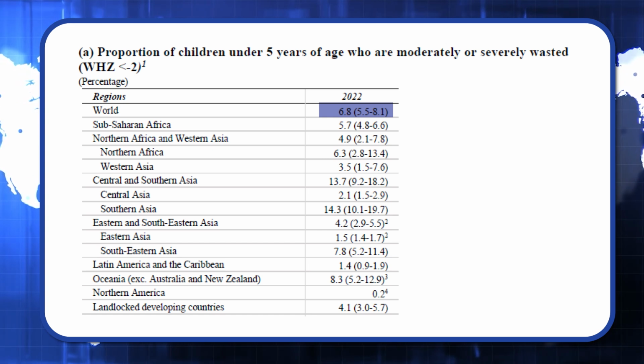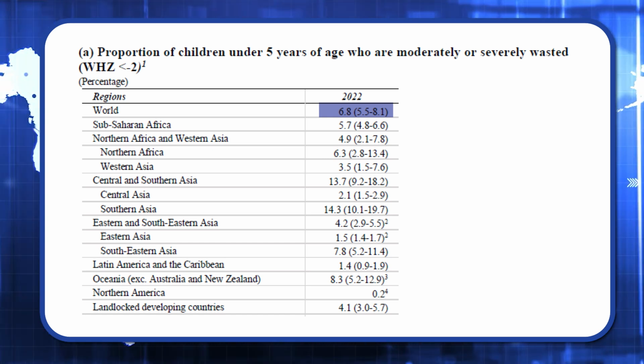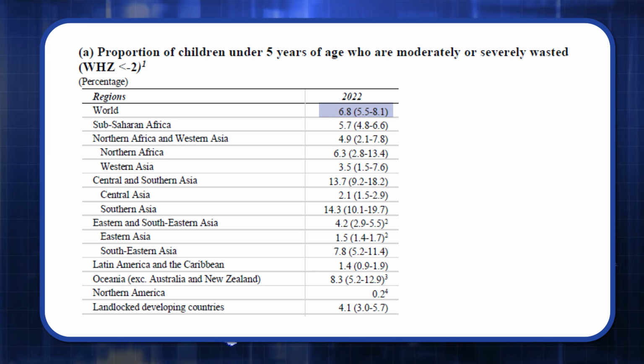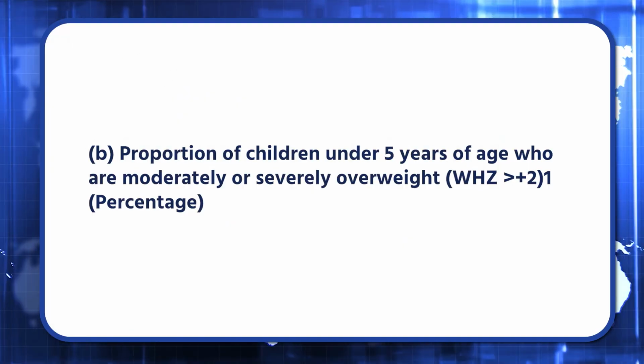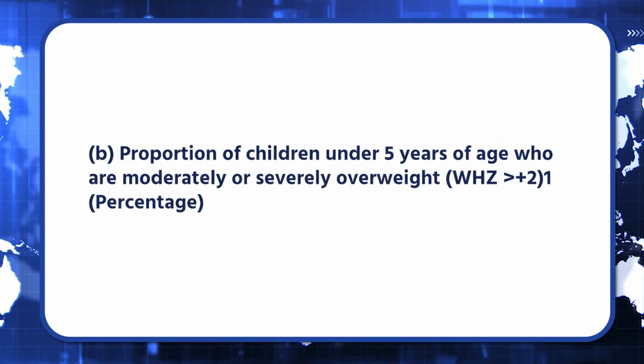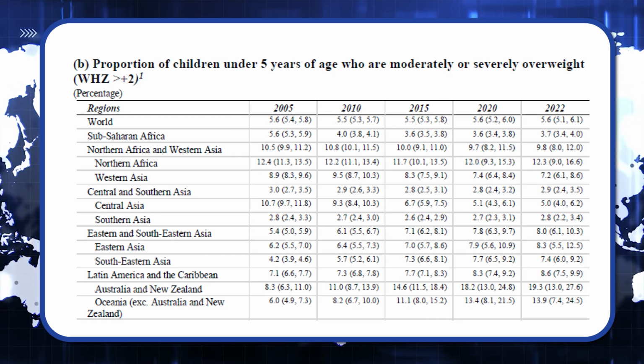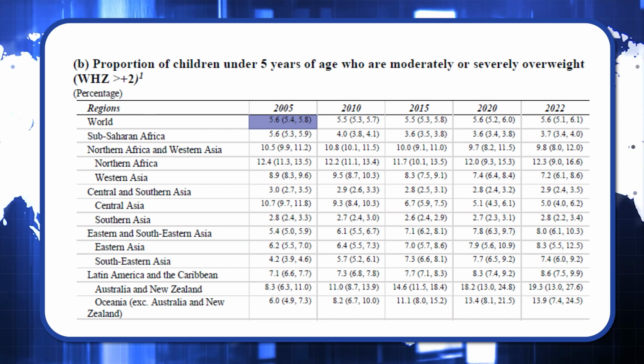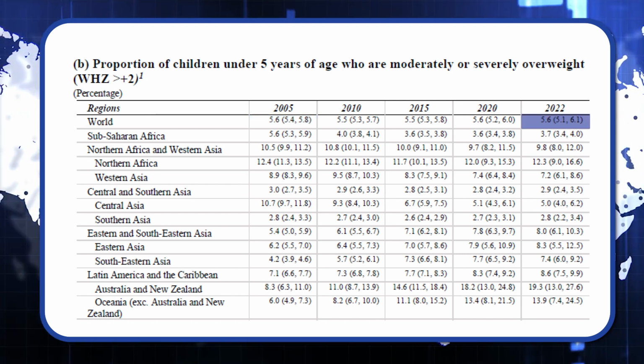It is 6.8, with a range of 5.5 to 8.1. In the same way, when we talk about the proportion of children under 5 years of age who are moderately or severely overweight, you will see in this table it is 5.6 in 2005, and then again 5.6, because it is stagnant. Okay.